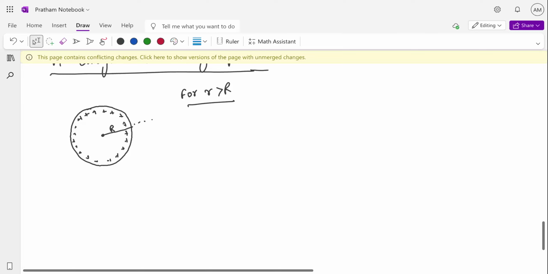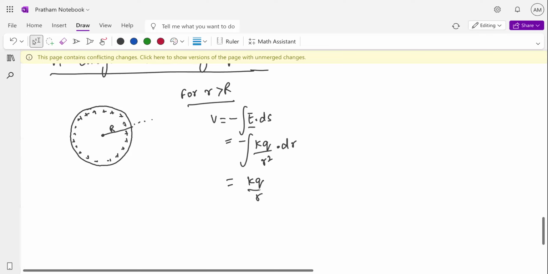Potential is nothing but negative integral of E dot dr. What is the electric field outside? kQ divided by r square, and I am integrating with dr. So whatever I have written comes out to be kQ divided by r.